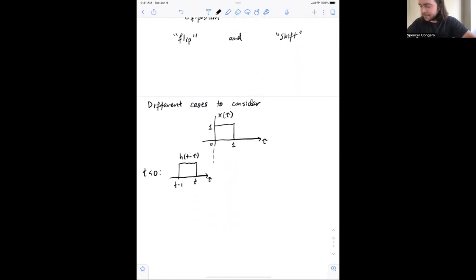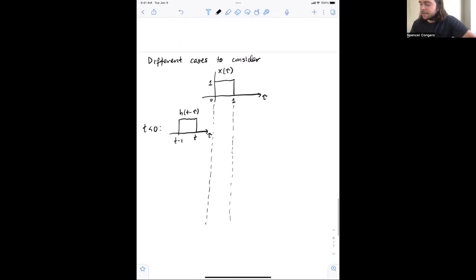Okay, and now I'm going to draw these dotted lines because I'm going to draw the cases below, and we have to know where these important locations of 0 and 1 are. What could be the next case? Well, as I move this function across, I could consider the case where these two squares are partially overlapped. The places where they're both non-zero are going to be, you can see, between 0 and t.